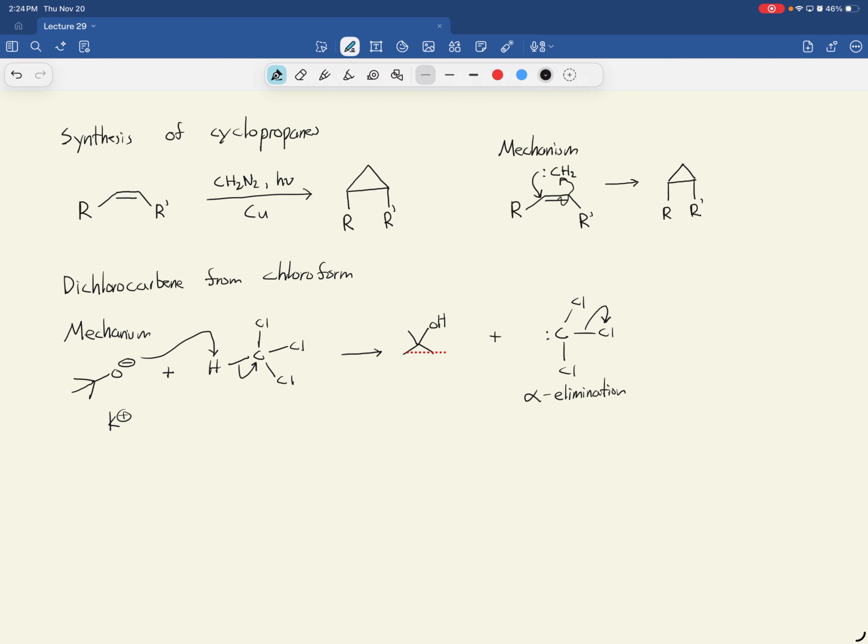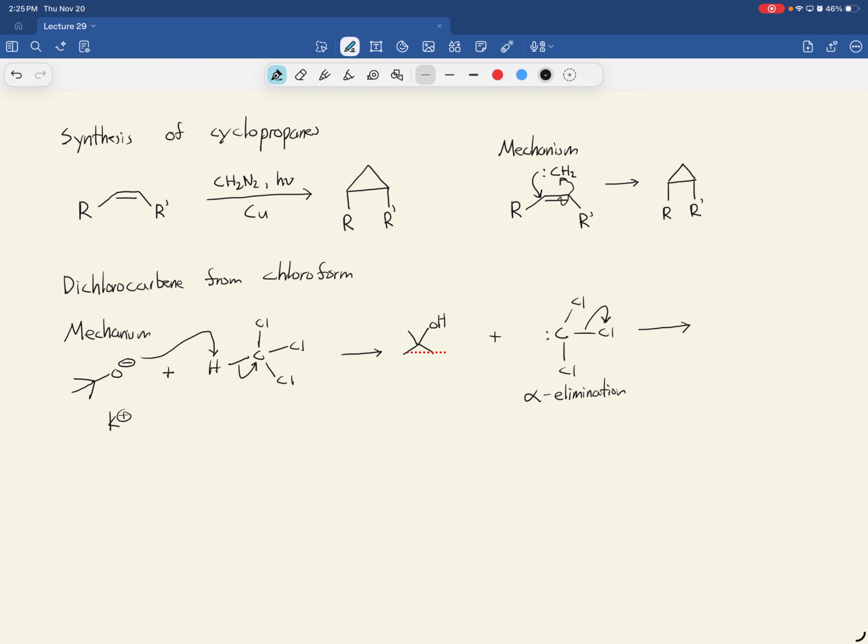This is called beta elimination. The hydrogen is removed from one carbon over, and you form a double bond. Can you form a double bond in alpha elimination? Probably not, right? You would have to eject some electrons from chlorine, so no. So this is alpha elimination, okay?